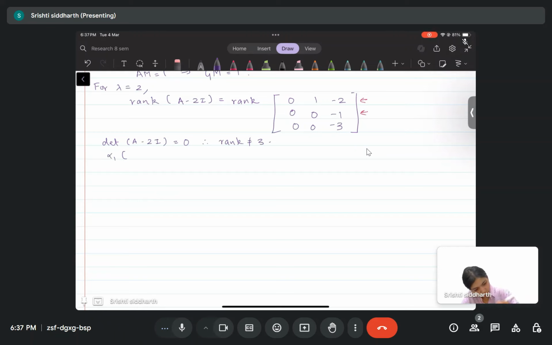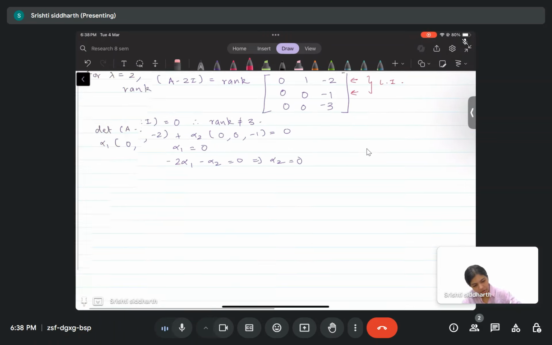The two rows which are highlighted are linearly independent. So let's check quickly. The third equation would imply that alpha 3 is 0. The first equation is just 0. The second is alpha 1 equals 0. Therefore the rank is 2.